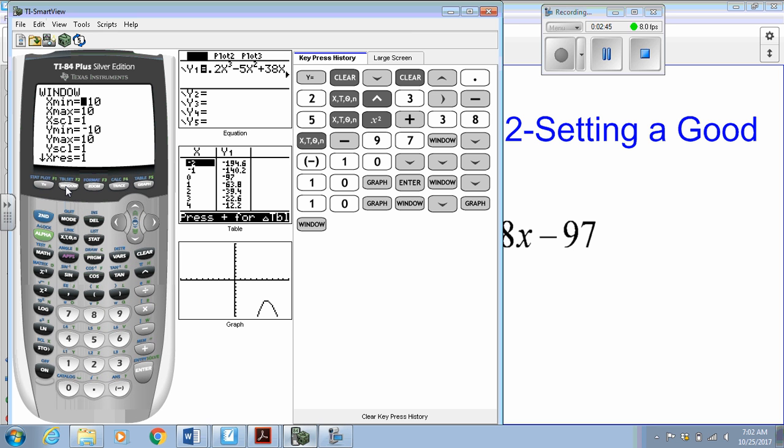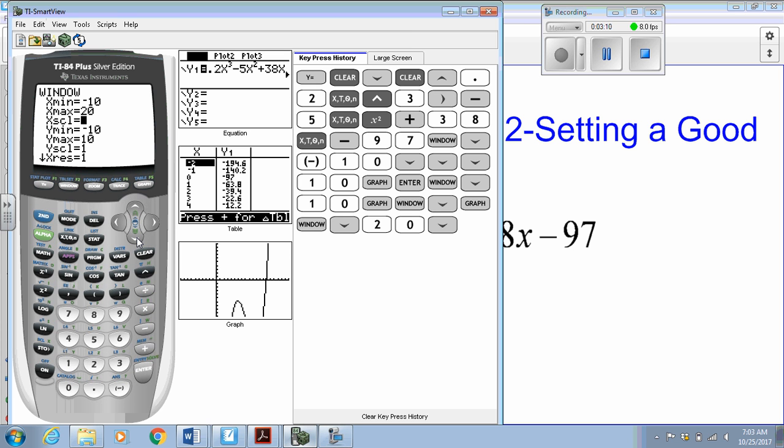So I'm going to go back to the window. The right-hand side of our graph, as you can see right here, this is our max because we're getting positive. So let's say we go up an increment of 10, so let's say we do 20 here. I don't know if this is going to work. If it doesn't, then we would increase it again. Your scale, you can leave as 1. It really does not matter here.